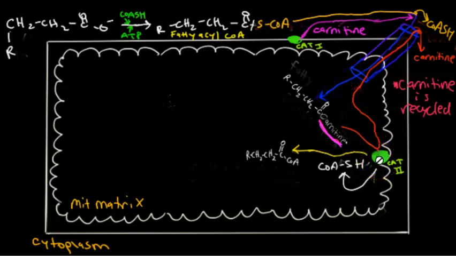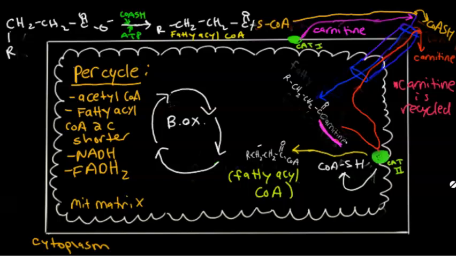The CAT2 will also be on the inner mitochondrial membrane closer to the matrix, and it will give back the CoASH, the coenzyme A, and take away that carnitine, which will be recycled as it makes its way through the translocase and into the cytoplasm of the cell. The resulting molecule that will be formed is actually our fatty acyl-CoA, which I put in yellow right over here. This fatty acyl-CoA is now ready to undergo a process of beta-oxidation.